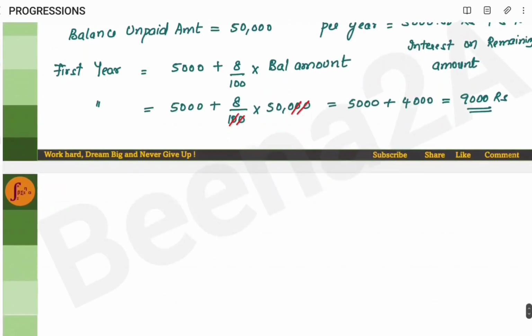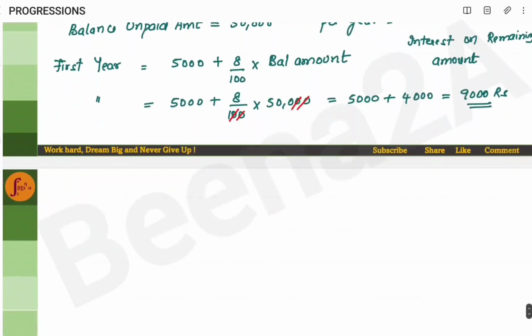Now let's do it for the second year. Similarly, let's find it for the second year. Right? Now second year, again he'll pay 5,000. Right? Plus 8% interest on the balance amount. Now what is the balance amount? Here he has paid 5,000 already. So what is the balance now?